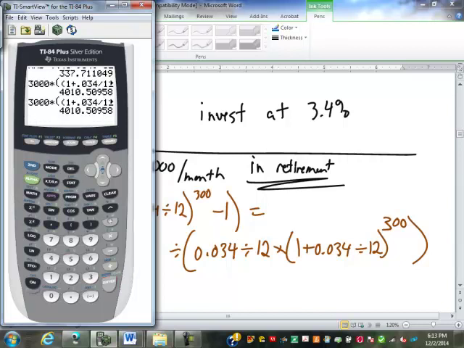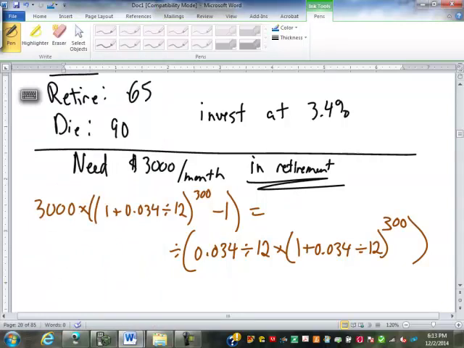Now we have to divide by, parentheses, 0.034 divided by 12 times, open parentheses, 1 plus 0.034 divided by 12, close parentheses, to the power of 300. And arrow out and close. And there we go. That is not correct. Something went wrong.